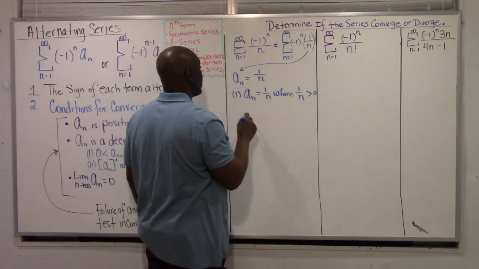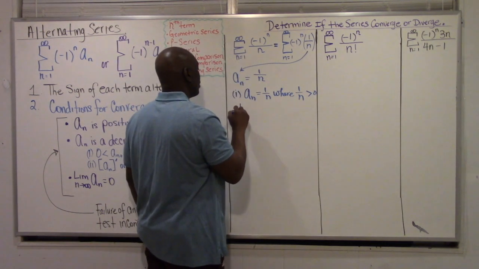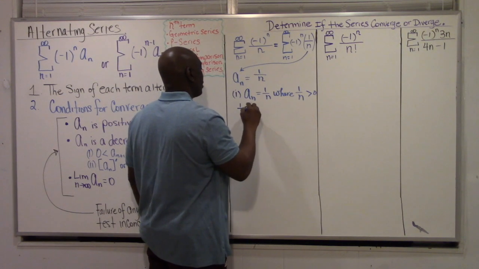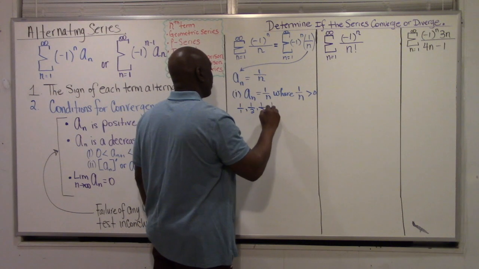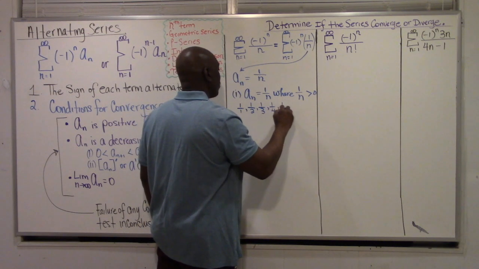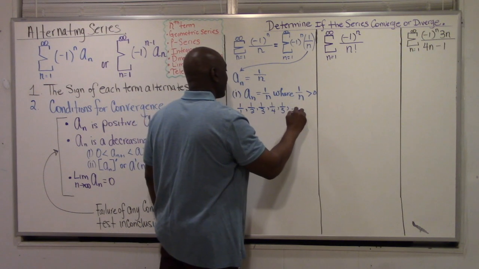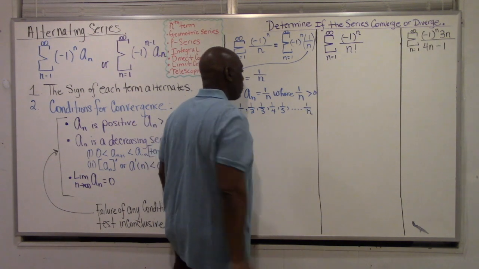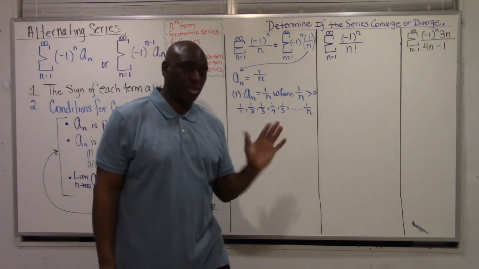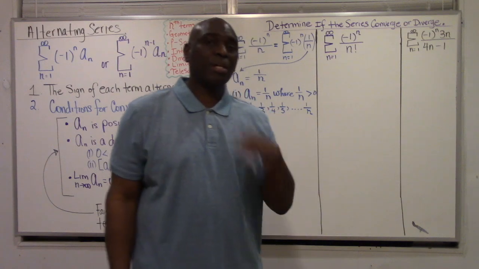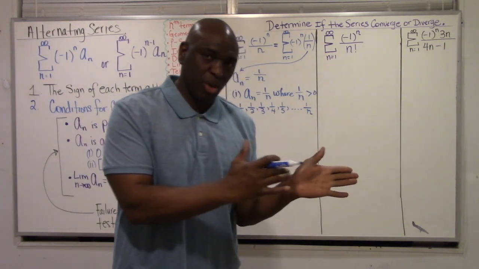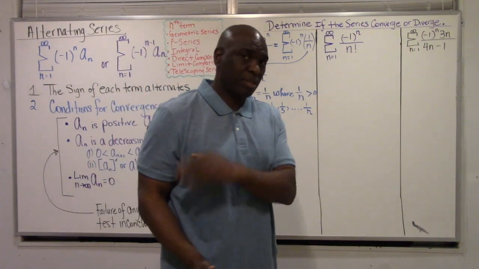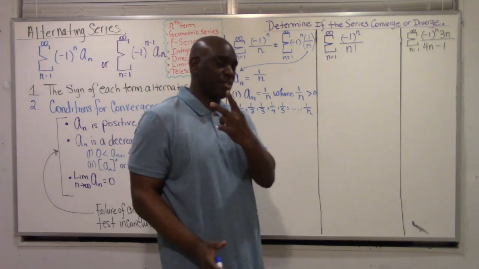If I plug in 1, I get 1 over 1, then 1 over 2, 1 over 3, 1 over 4, 1 over 5, dot, dot, dot, to 1 over n. All these values are greater than 0. Nothing negative. Our sequence is all positives. Condition 1 is satisfied.